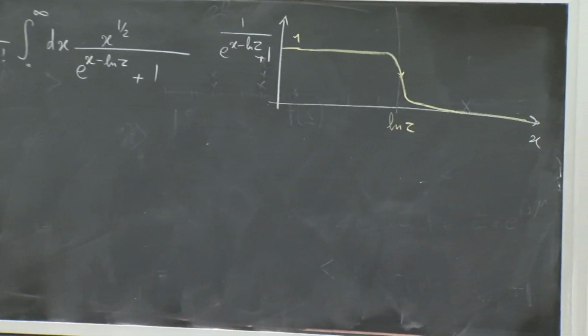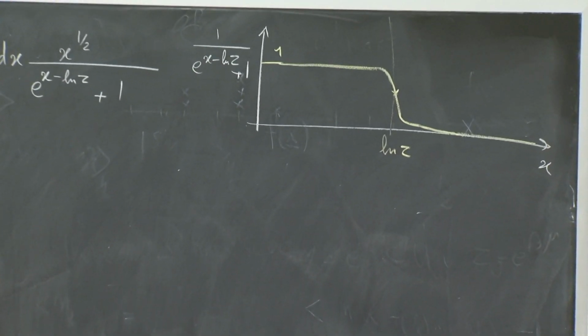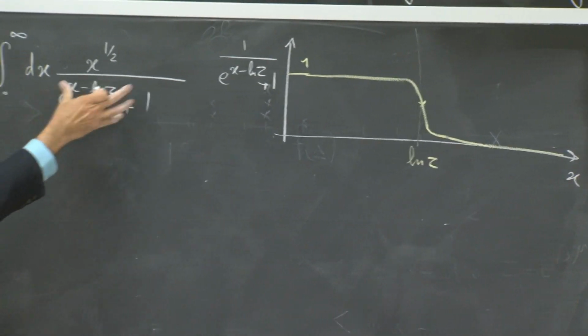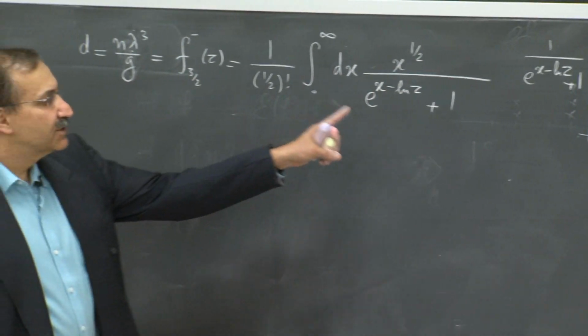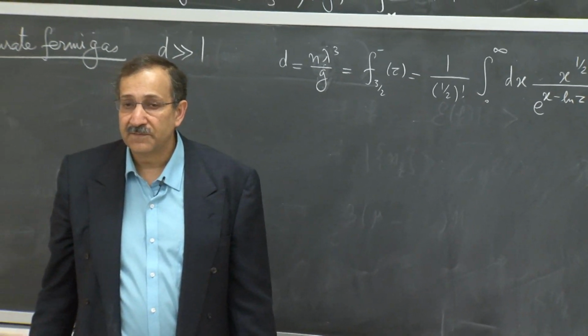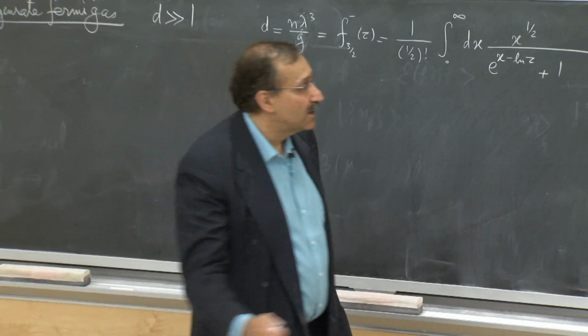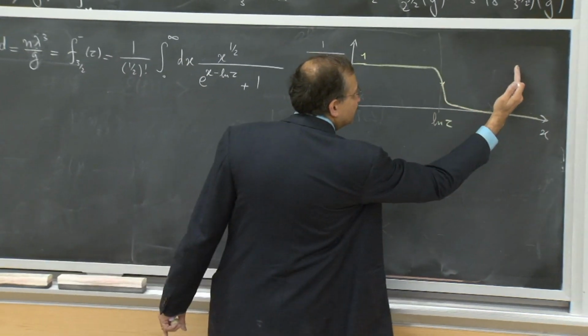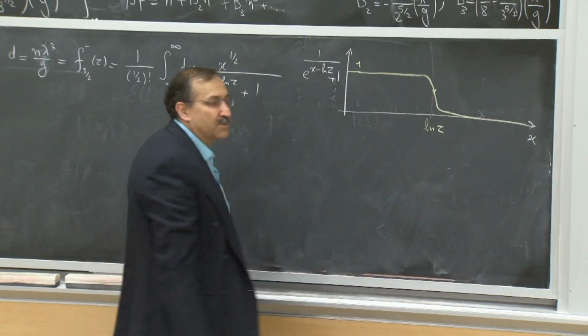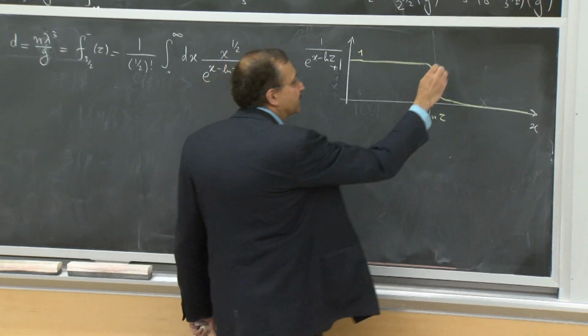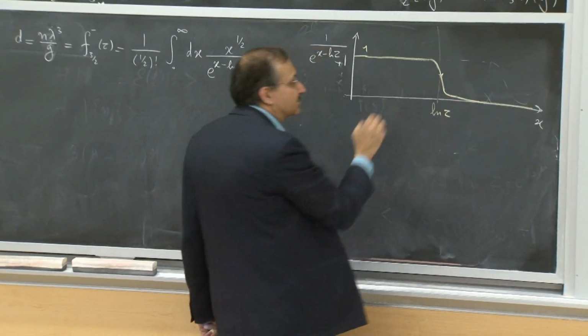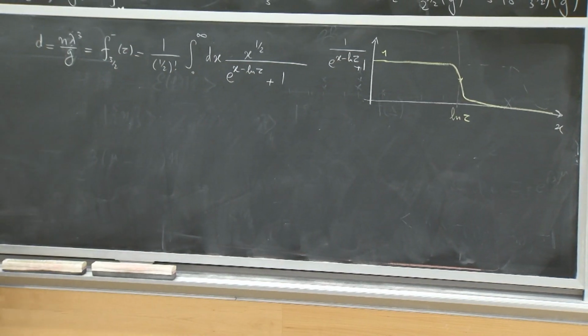And you can see that essentially the value of the function depends on the combination x minus log z. So if I were to make log z much larger, I'm essentially transporting this combination without changing its shape, in one direction or the other. Okay?